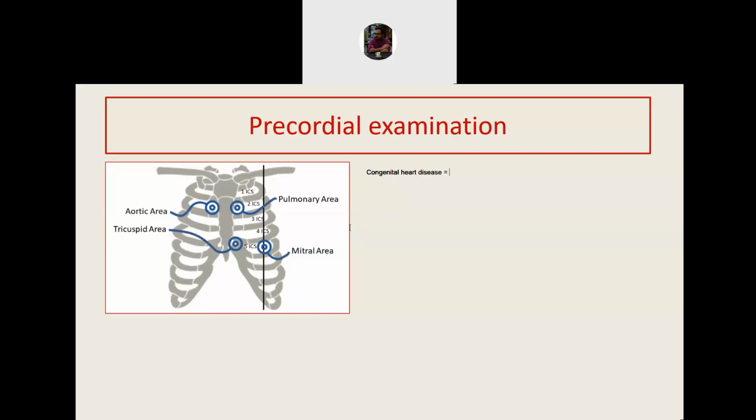So there may be precordial deformity. Look for scar marks that can indicate an injury, or it can also indicate a previous surgery. Look for venous prominence, which can indicate the presence of heart failure or venous obstruction.